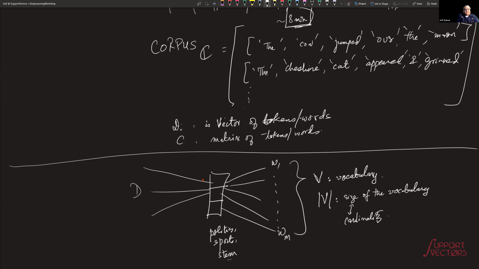When we look at words, some words are more frequent than others. When you're looking for words in a document, you can choose to keep all the words. If you keep all the words, you may end up keeping words that are very, very common, for example, the, things like this.